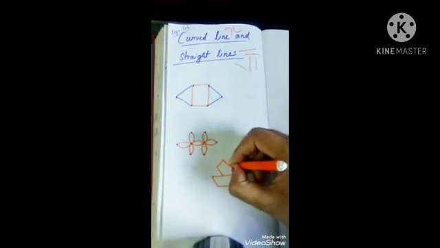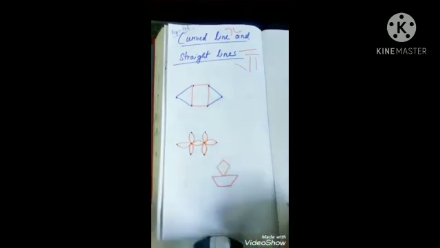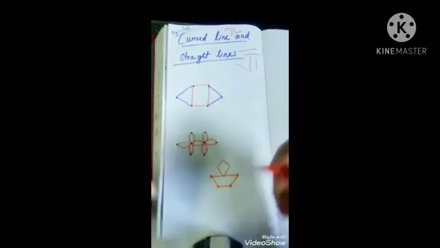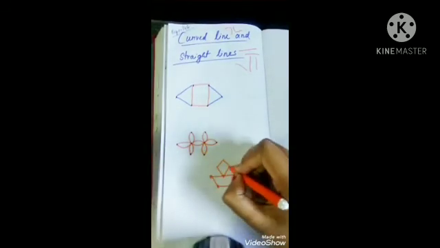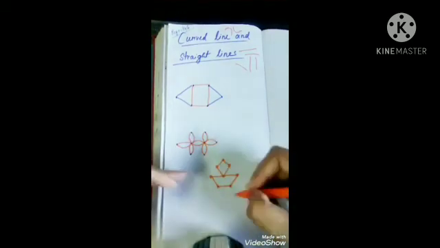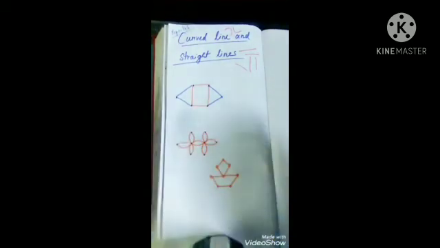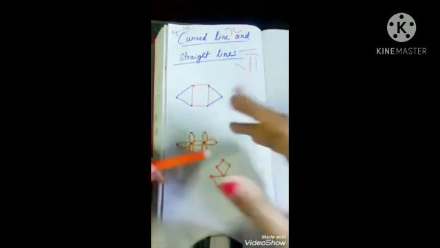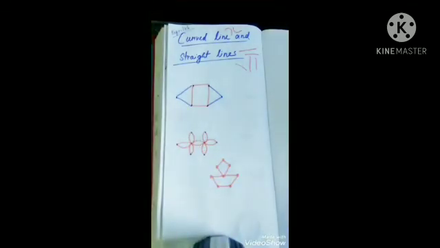You have to see how many dots they are joining, how many dots they are leaving, and that way you have to draw it exactly the same. That means you have to copy. If you want to draw some more designs, you can do it in your book.